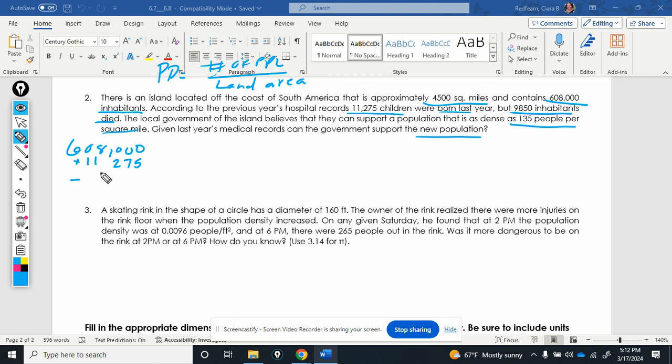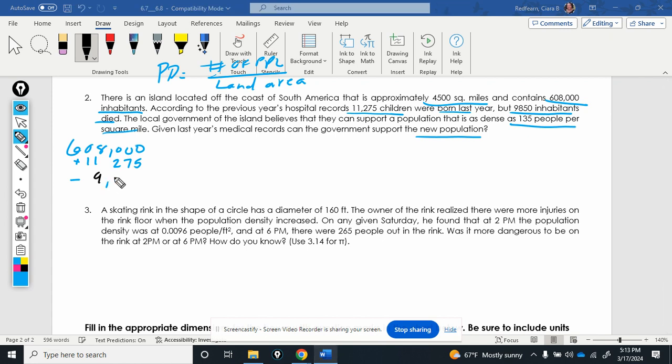And then we're going to subtract how many? 9,850, because that's how many people died. And so now, what is the total population that we have? 609,425. That's going to be our new population, the number of people.